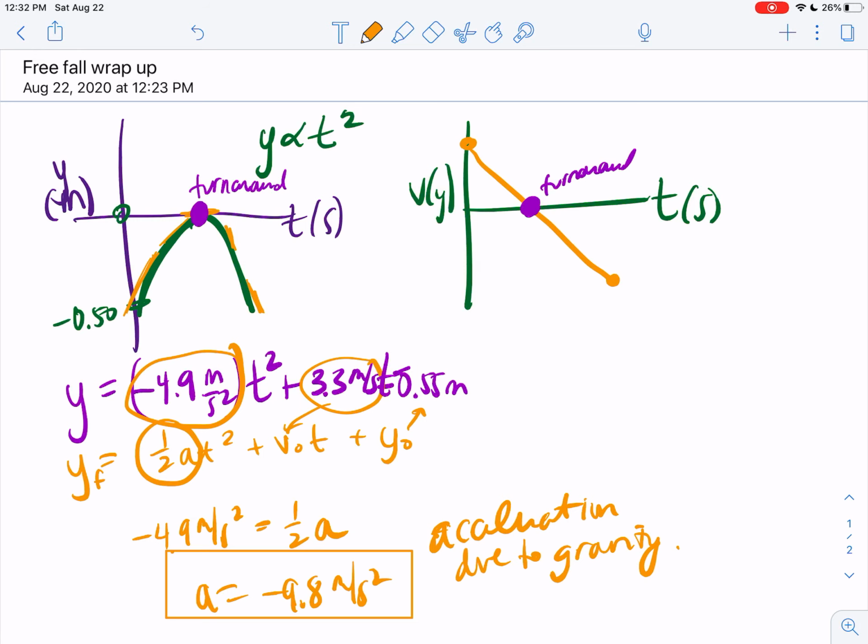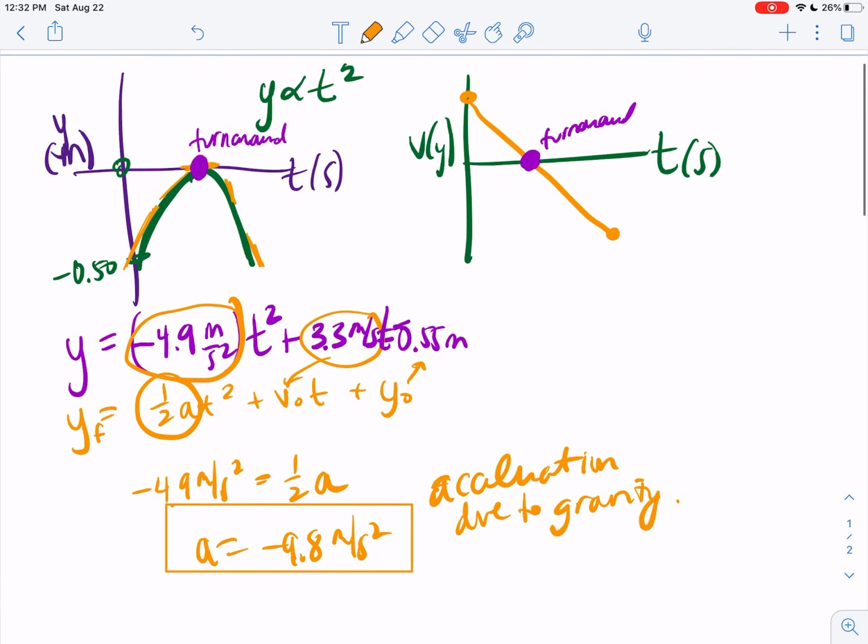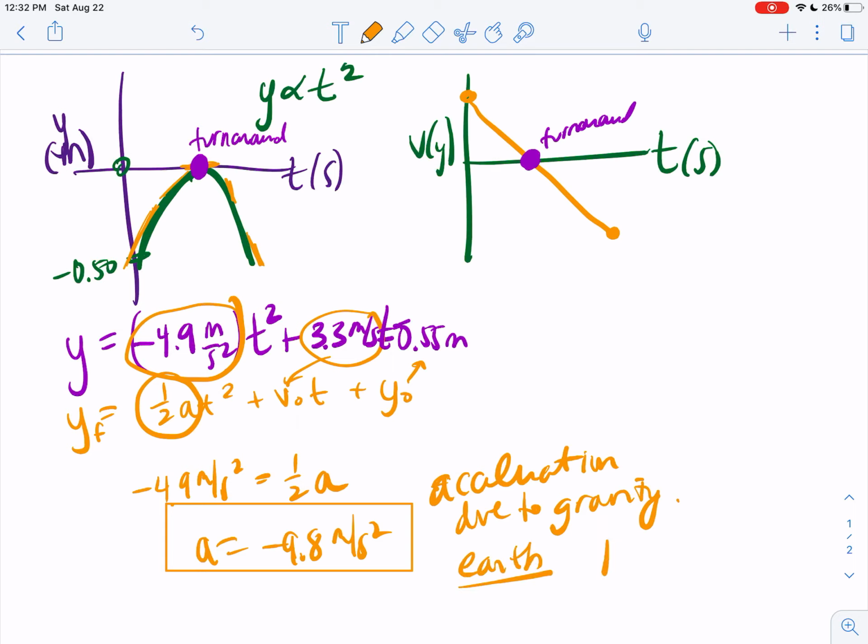That's how fast things accelerate when dropped on the Earth, because we did this experiment on the Earth. You can use 10, even on the AP test. It's technically 9.81 depending on your sea level height, but you can just use 10.